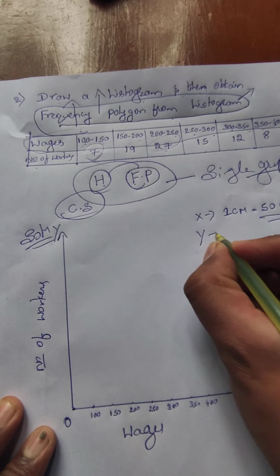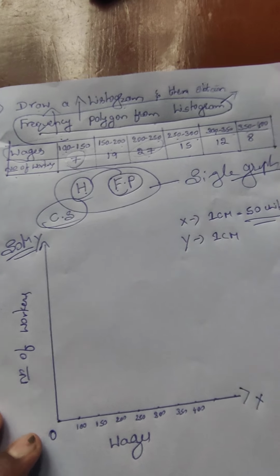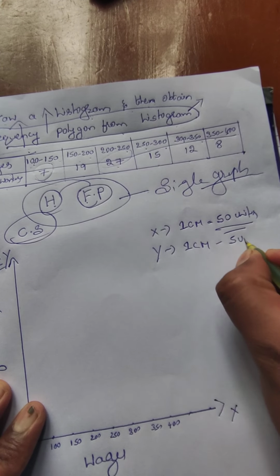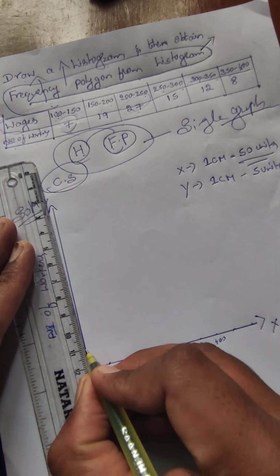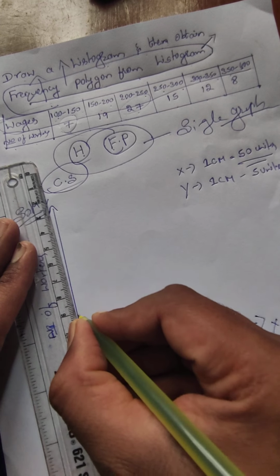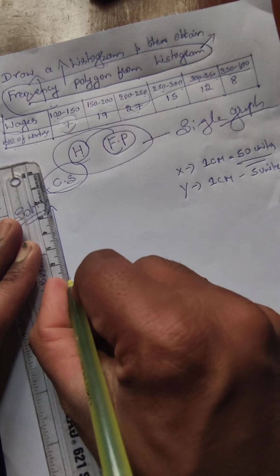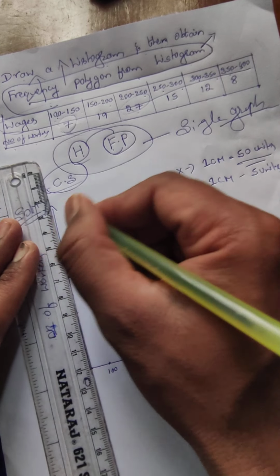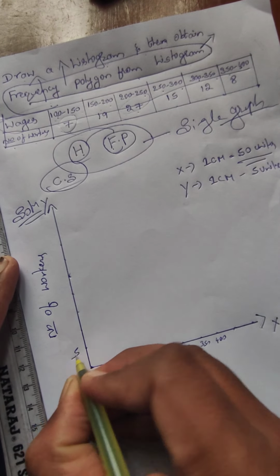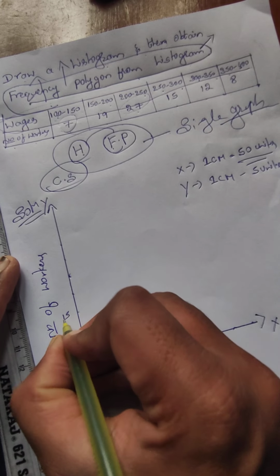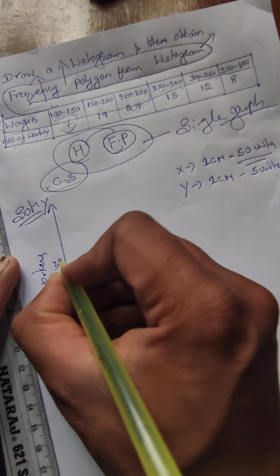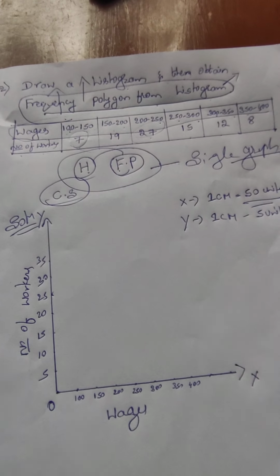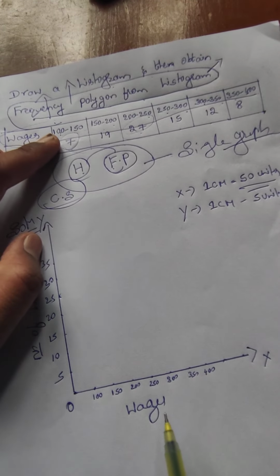So on the y axis, 1 centimeter will take 5 units. 1, 2, 3, 4, 5, 6, 7, where 1 centimeter is equal to 5: 5, 10, 15, 20, 25, 30, 35. It's enough.